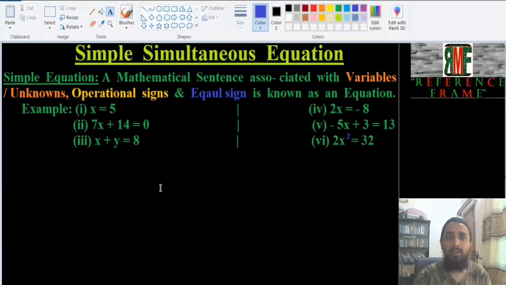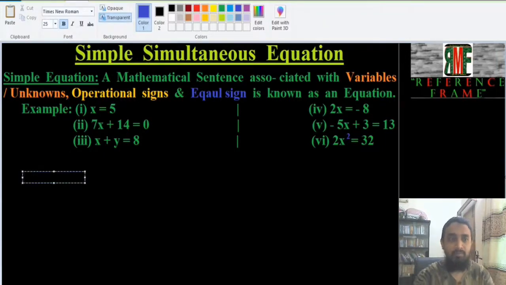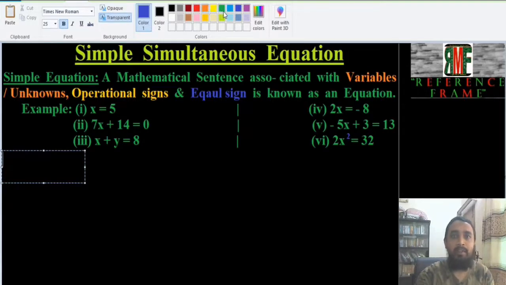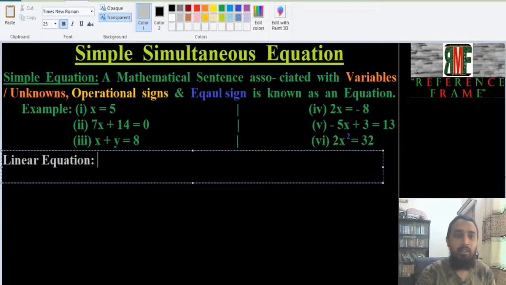So if I write down a linear equation, in a linear equation the index must be 1. The index of the variable cannot be more than 1. Look here in the first 5 examples, the index for x and y is 1, not more than that.